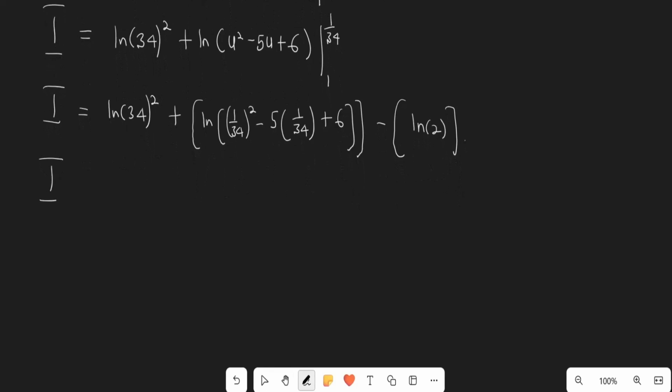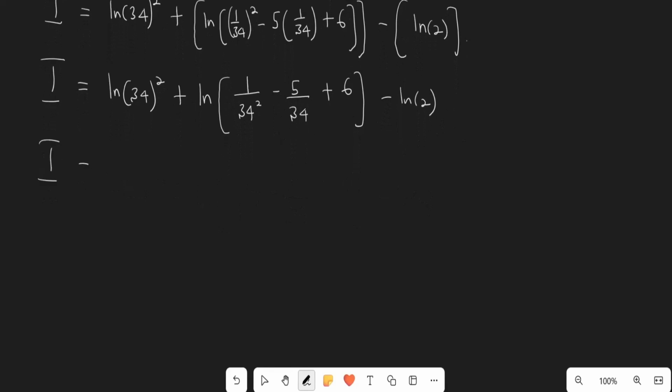Alright, so I is equal to the ln of 34 squared, and now plus the ln of the upper limit, which we have to simplify. This is the ln of 1 over 34 squared, minus 5 times 1 over 34, which is 5 over 34, plus 6, minus the ln of 2.